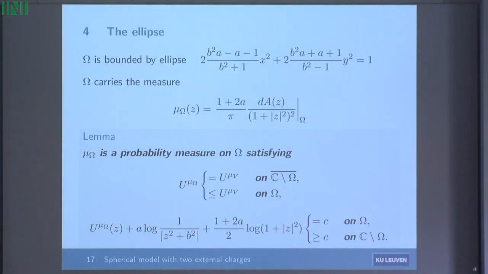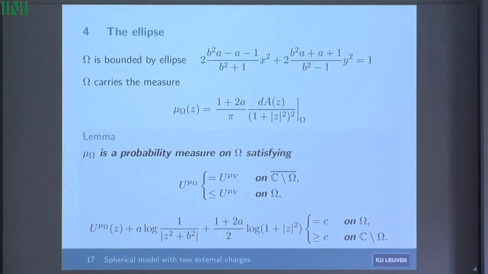So your measure mu v will go to your sigma star up to a constant, and this mu omega will go to the Lebesgue measure on this droplet, again normalized. And if you do all the calculations, these relations, identities and inequalities, translate into the identities and inequalities that you need for its variational conditions.